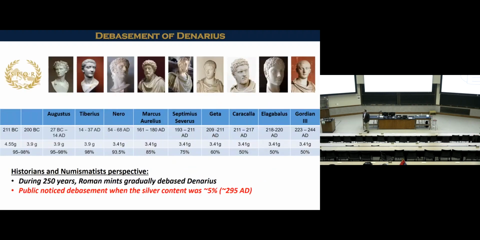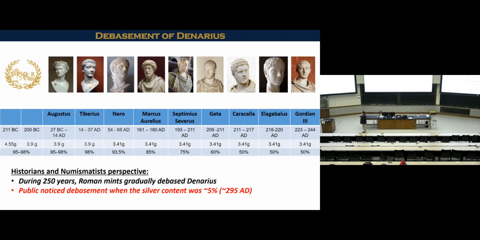But if you look at the history, there is a very interesting insight. If you look at the beginning, during the Roman Republic, the denarius was 4.55 grams, and it contained about 98% silver.